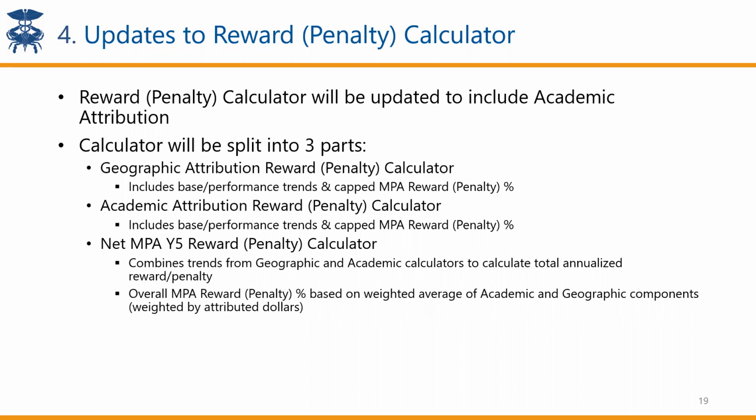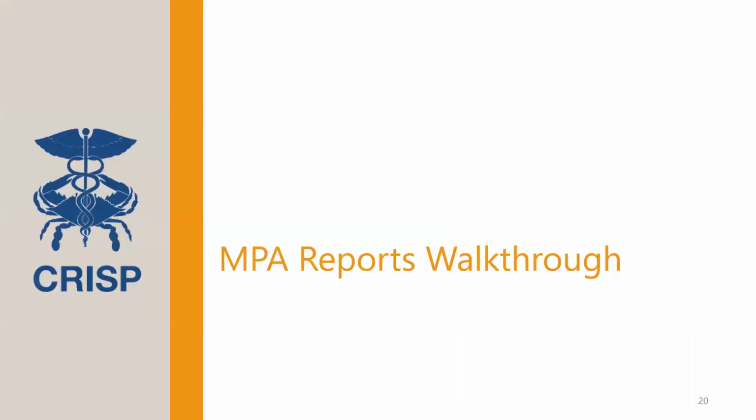So essentially you'll have 3 tabs to support understanding of reward penalty under the MPA policy: you'll have your geographic approach, you'll have the AMC approach, and then you'll have the net, which combines both of those calculators to calculate total annualized reward penalty amounts. So those are the major changes that we made to the performance report.